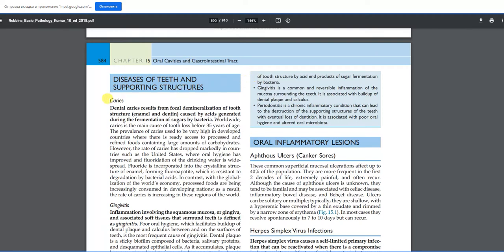Okay, caries. The most common pathology of the tooth is caries, and dentistry mainly deals with caries. So what is caries? It's a focal demineralization of tooth structure, caused by bacteria.